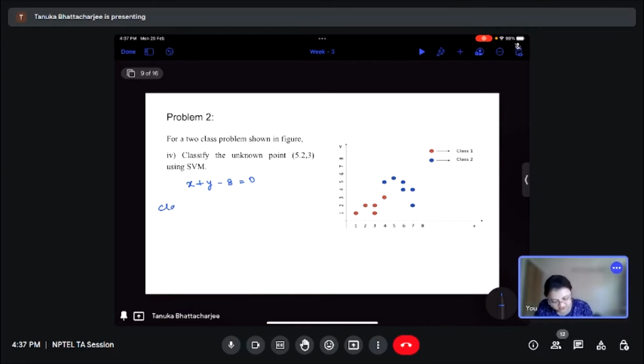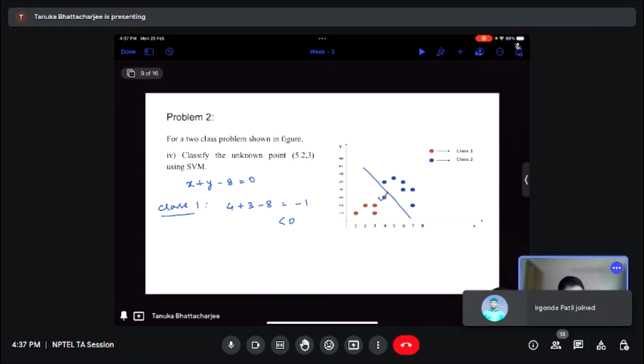So if we take a class 1 example, let's say we take this point, 4, 3. If you put that, you see 4 plus 3 minus 8, so 7 minus 8, it is minus 1, that is less than 0. So if this is the decision boundary, this side is less than 0 and this side will be greater than 0.